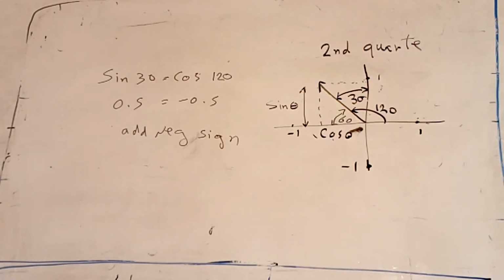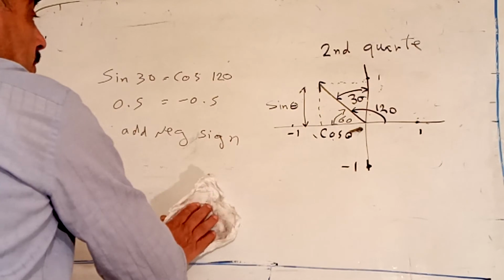We can analyze like that. But take a look, I will go to the third quarter, which is above 180 and less than 270.